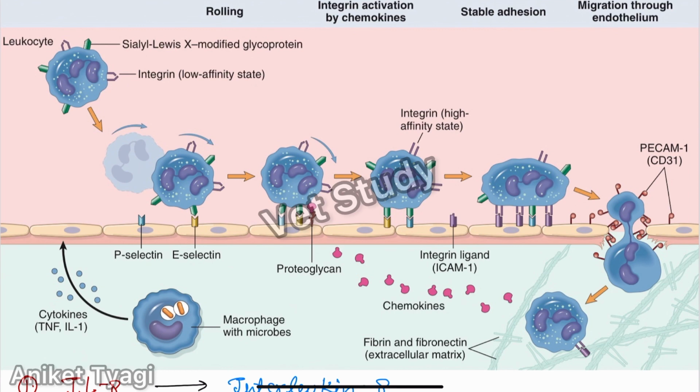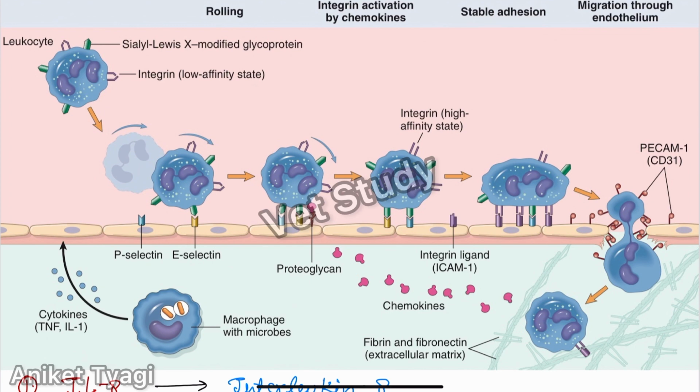Okay, so this is leukocyte, and this leukocyte has different receptors, like Sialyl-Lewis X modified glycoprotein. You are not required to learn all these things, right? Integrins, when they bind to P-selectin, E-selectin, which are present on the endothelial cell, there will be the rolling or the movement of leukocyte along the endothelium. So this is basically the attachment and stable adhesion.